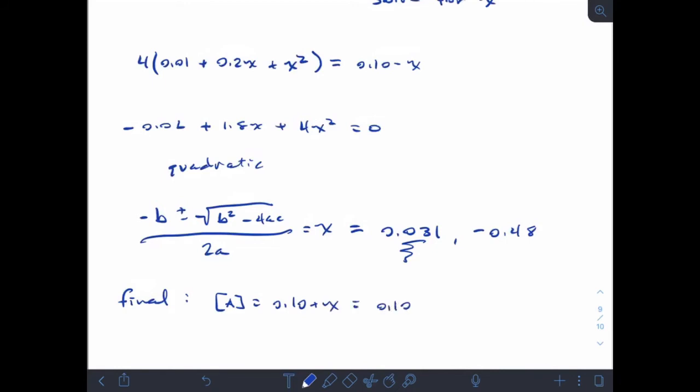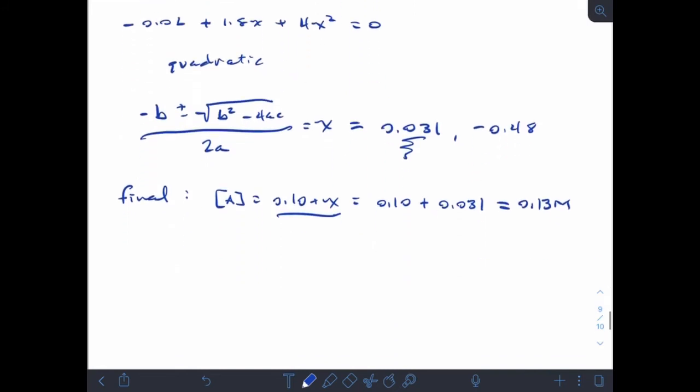So we will say 0.1 plus 0.031 gives us 0.13. Right? Now think about this little bit right here, this 0.1 plus x. If I were to plug in negative 0.48 for x, I would end up with a negative concentration, and that is not physically possible. It can't have less than 0 of a piece of matter, right? We're not creating black holes here, right?